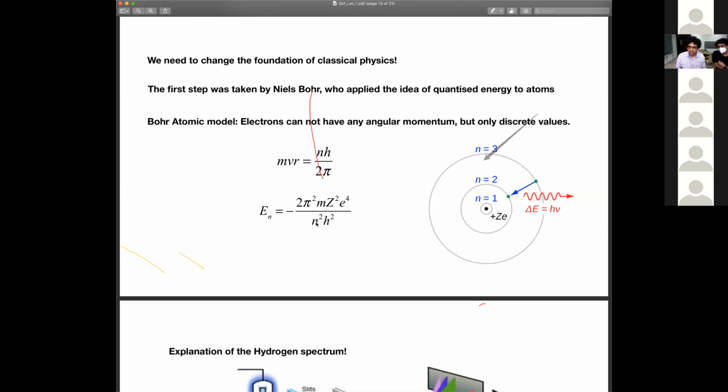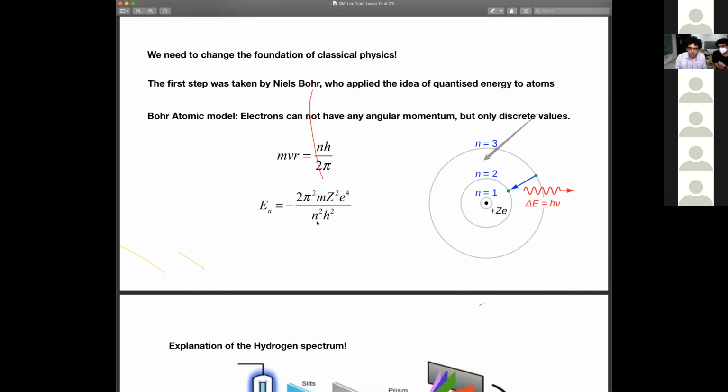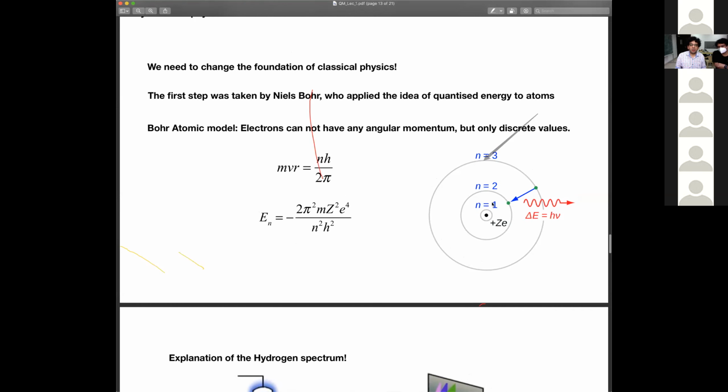Here n is something called a quantum number. So the energy of the electron in an atom is not any random number, but it can only be some fundamental energy times 1 over n squared. It doesn't go like n, it doesn't go like n squared, it goes like 1 over n squared. Which means as I keep going up and up in n, the energy of these electrons is smaller and smaller.